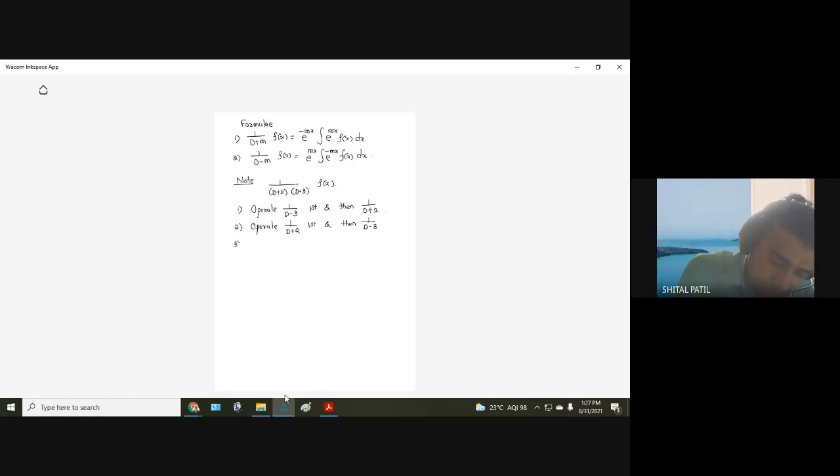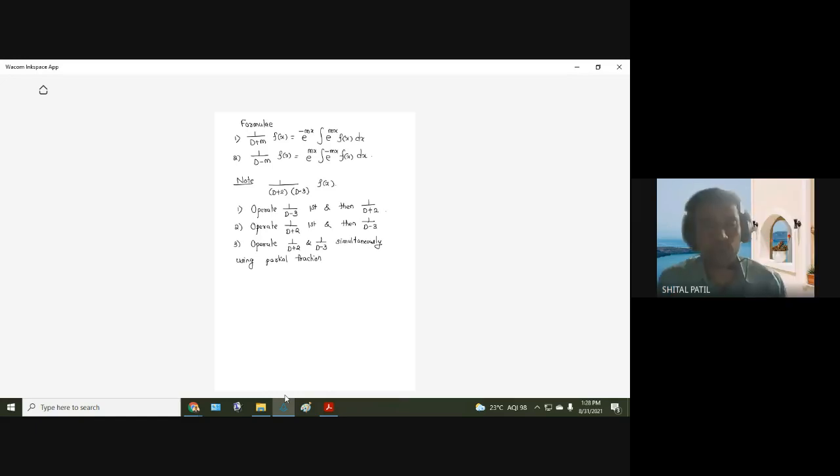Third, we can operate 1 upon d plus 2 and 1 upon d minus 3 simultaneously. How? Using partial fractions. Everyone knows partial fractions, right? We have to find the partial fractions of this, and then we can operate both of them together.